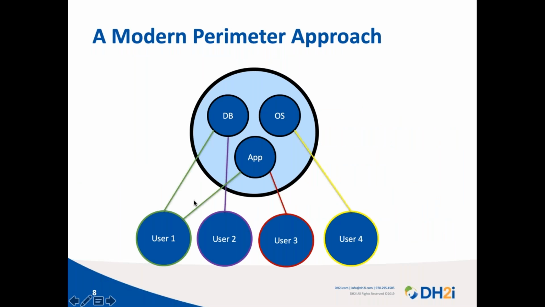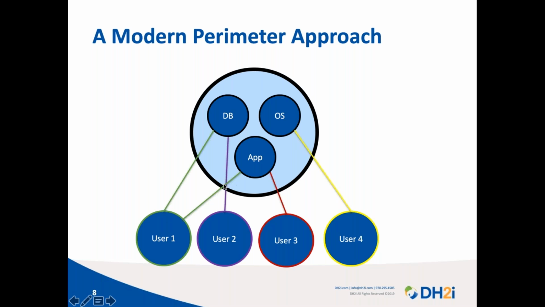But first, here is an image in contrast to that first diagram that we saw. In this picture, in the DH2I approach, each user gets access to the applications that they have been defined to have access to, and no more, no less. So user one has access to this particular database and this application, but that's the only access that they get.